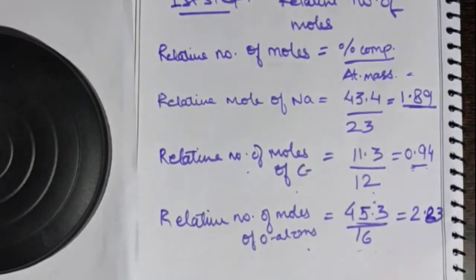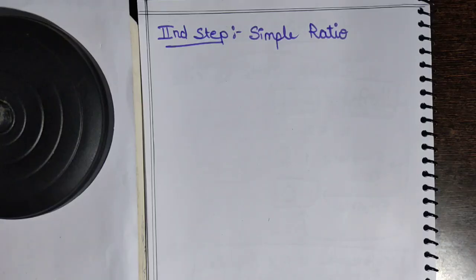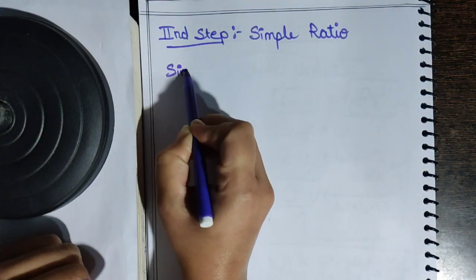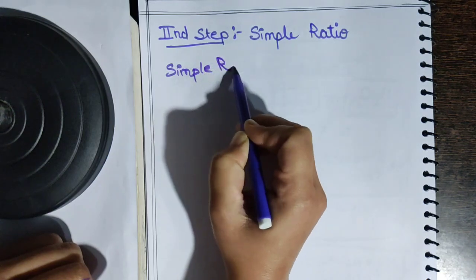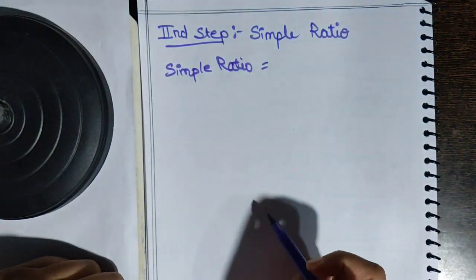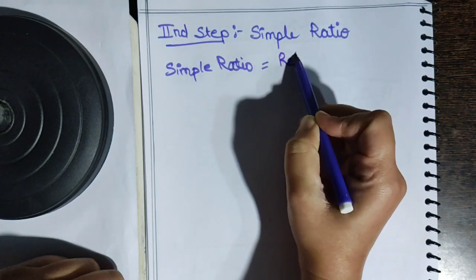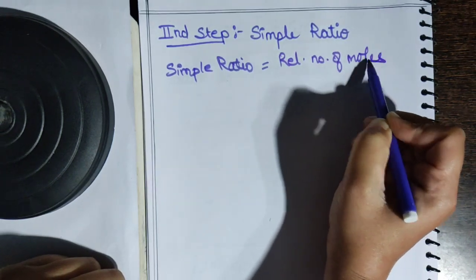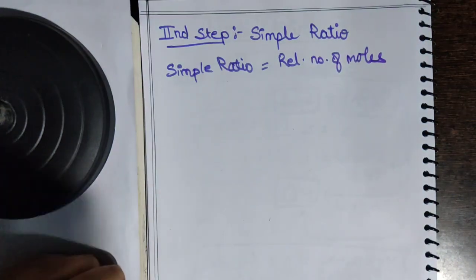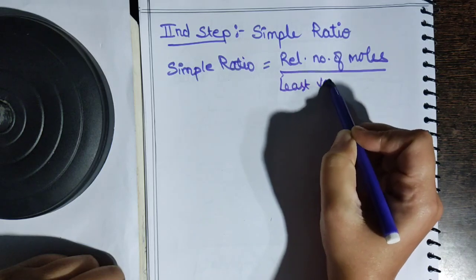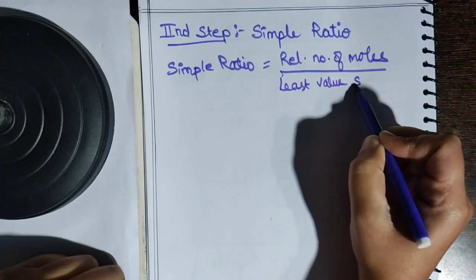Now we'll move to the second step. In the second step, we will calculate the simple ratio. How will we calculate the simple ratio? The simple ratio of each atom will be calculated by dividing the relative number of moles of that atom, which we calculated in step 1, by the least value obtained in step 1.